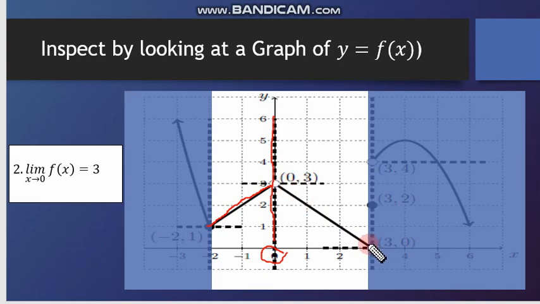Also, on the right side, we could see that the value of y is equal to 3 as well. Even though at this particular point the graph is undefined, still the limit is 3. So the limit of f of x as x approaches 0 is equal to 3.